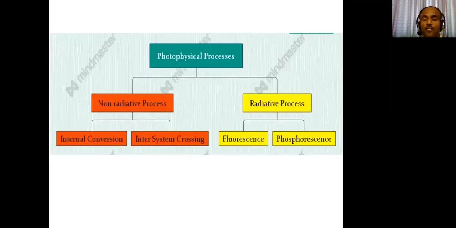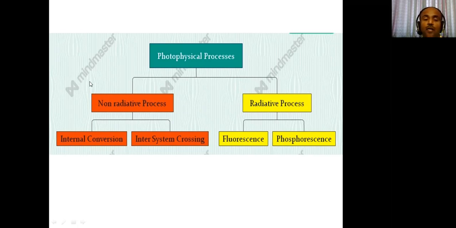So with the help of this tree diagram, we can explain photophysical processes. Photophysical processes are divided into two types: non-radiative process and radiative process. The name itself indicates that non-radiative process means there is no emission of radiations during this process, while in radiative process, radiations are emitted.